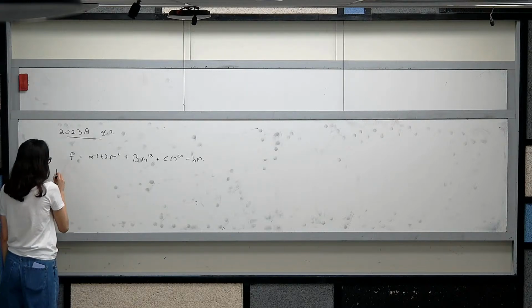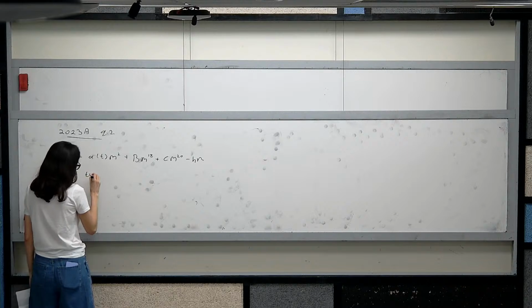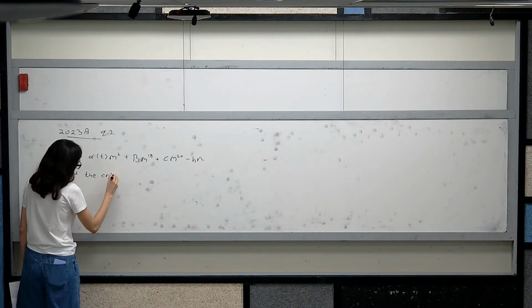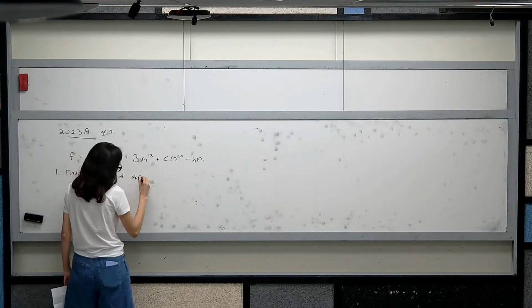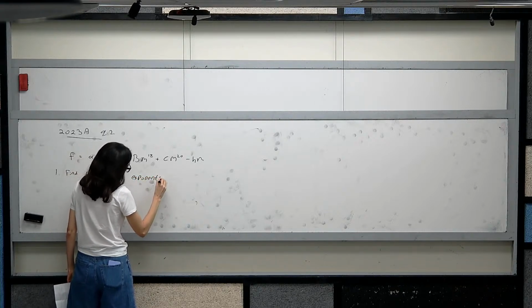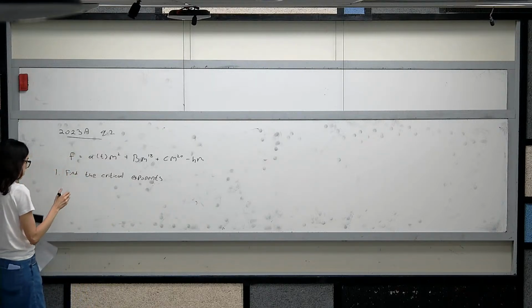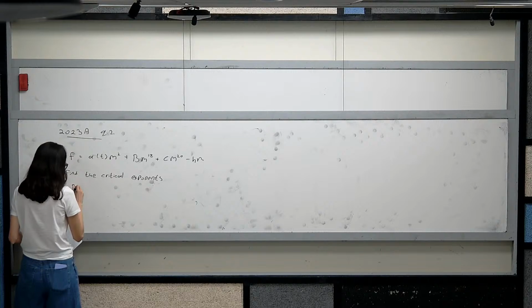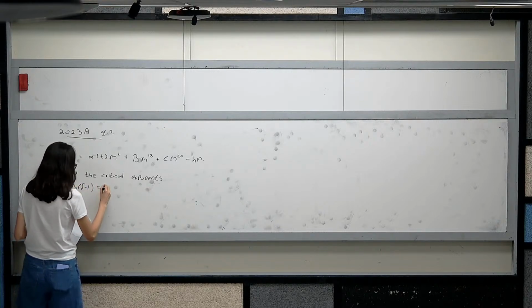The first part is to find the critical exponents and show that they follow the scaling relation. So this is beta delta minus 1 equals gamma.